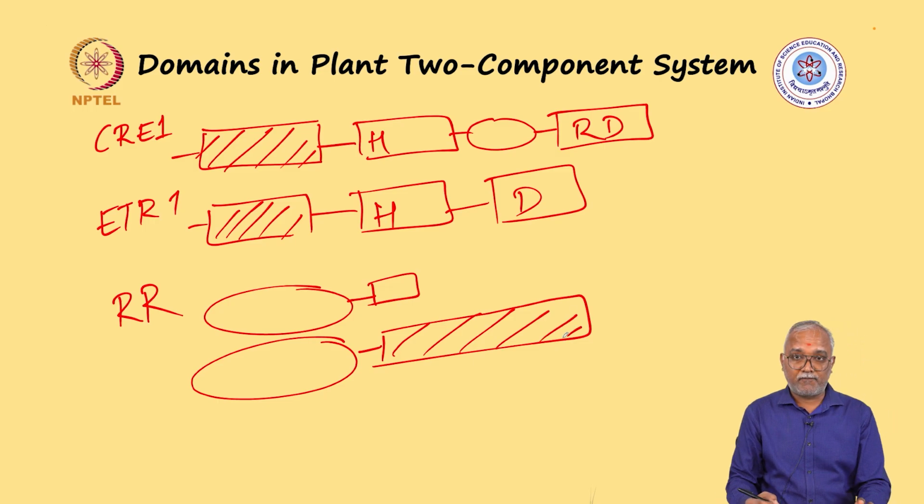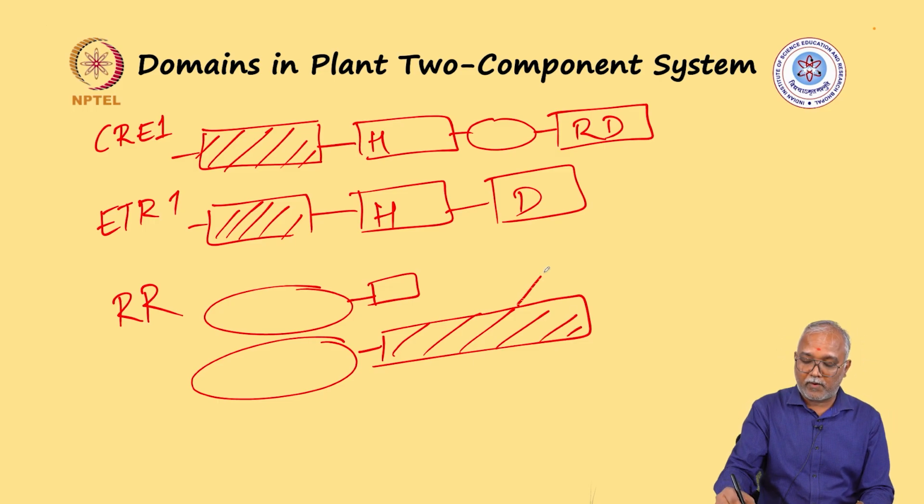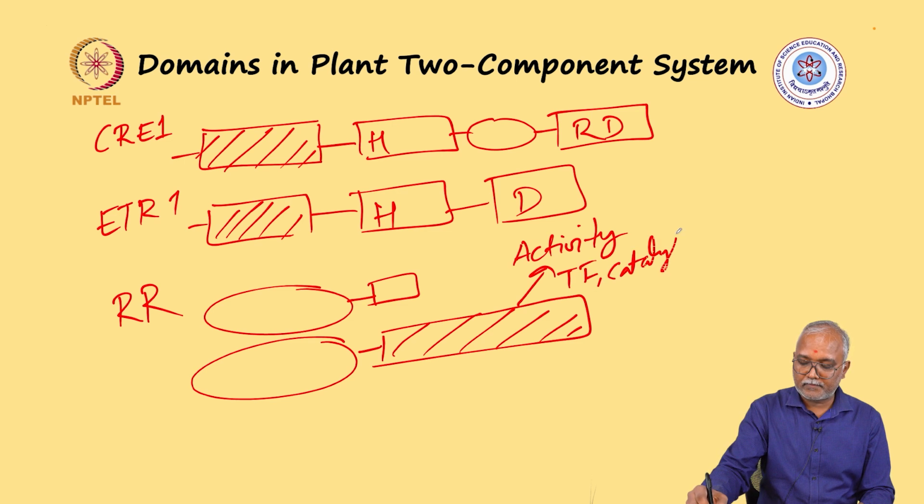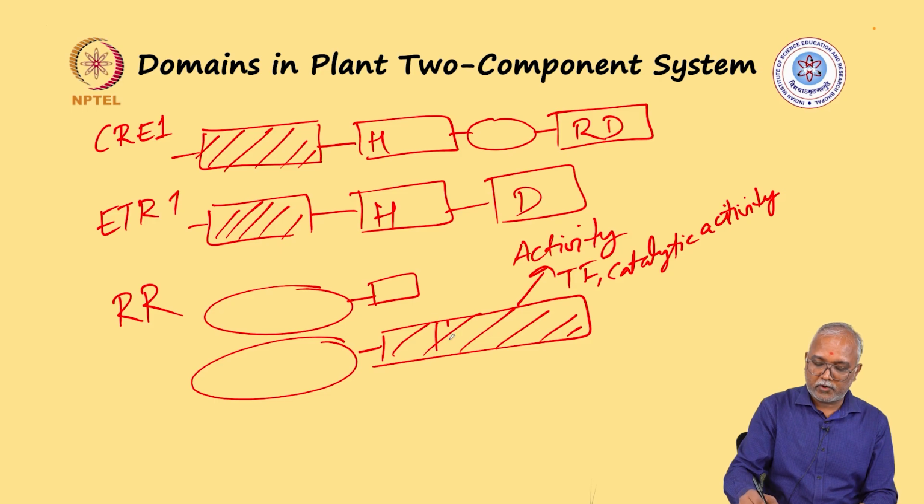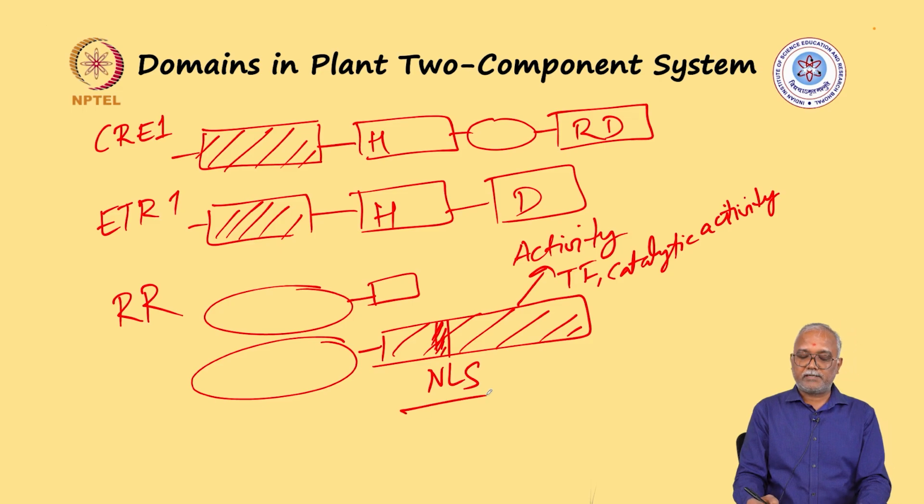When we say domains and features, like a domain which provides its activity, we saw examples of transcription factor activity, we saw examples of catalytic activity, and when we say features, sometimes you would have studied something called nuclear localization signal.